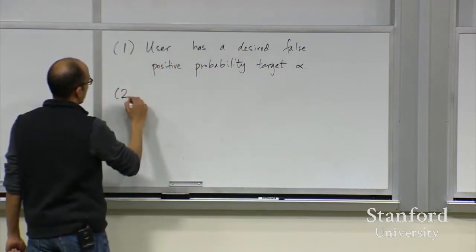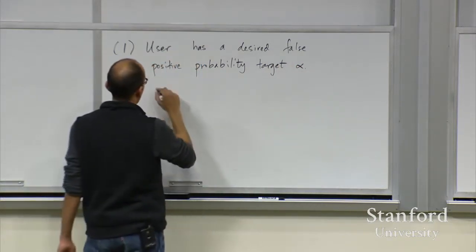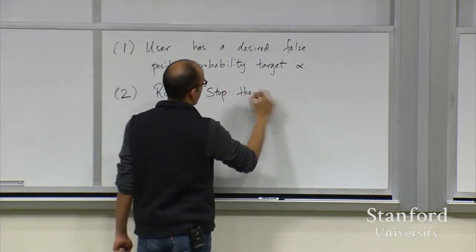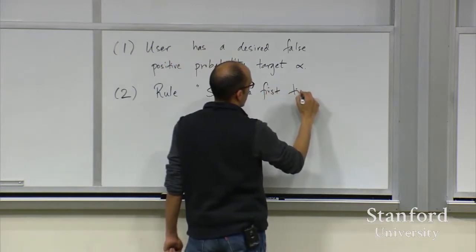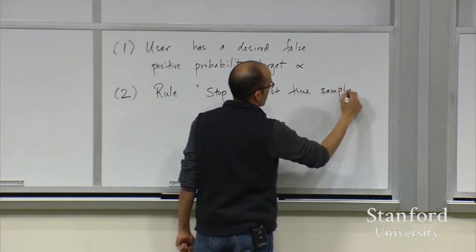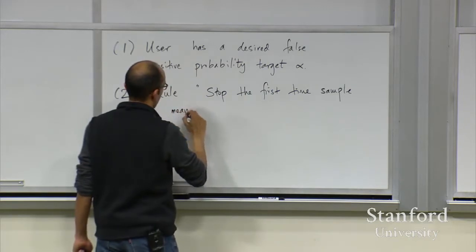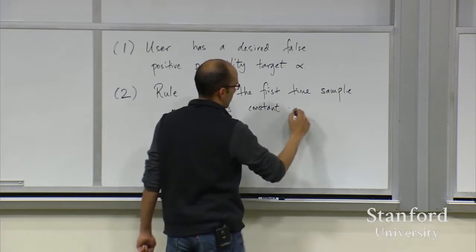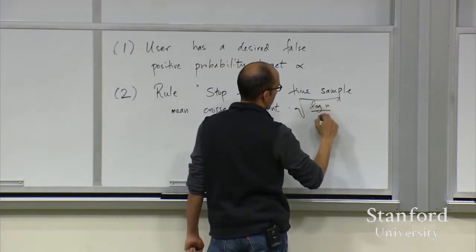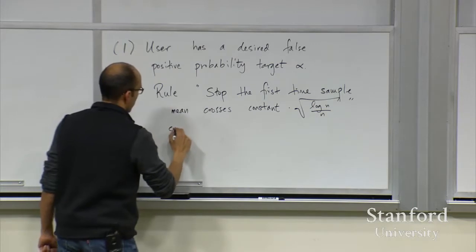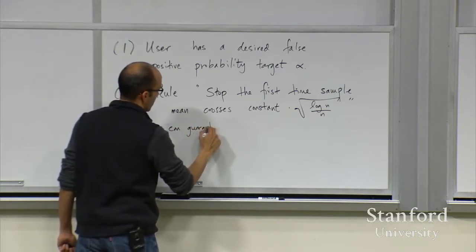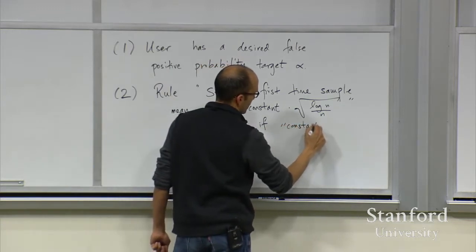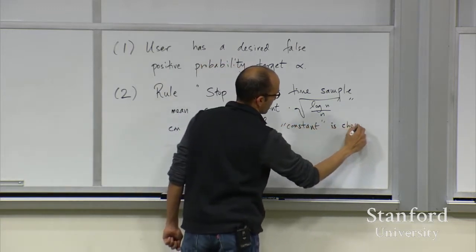And then what we do is we say, okay, the rule: stop the first time the sample mean crosses a constant times square root of log n over n. This can guarantee alpha if the constant is chosen right. OK?